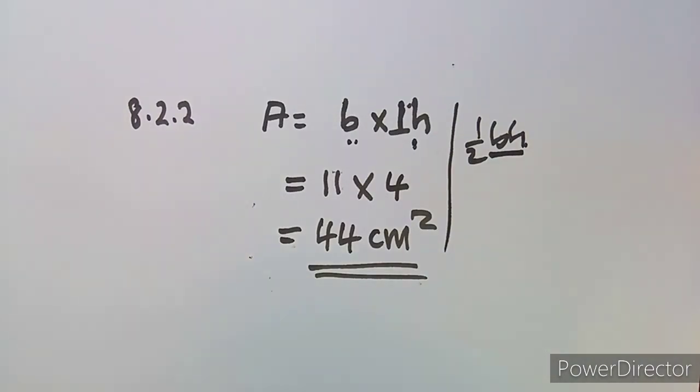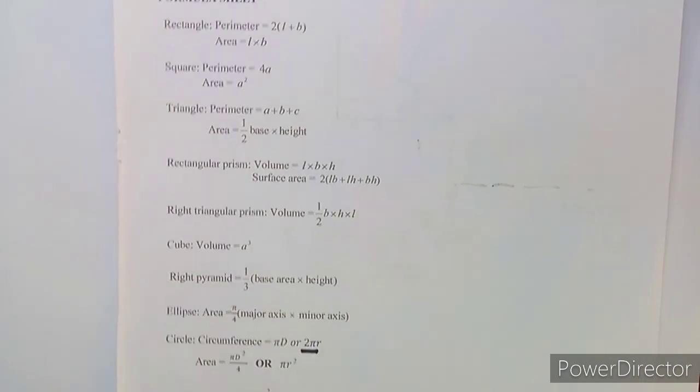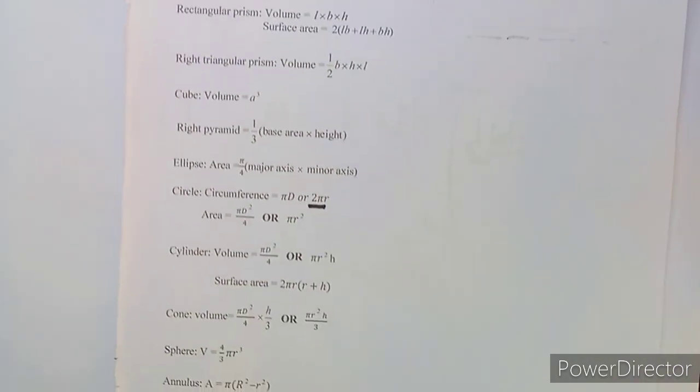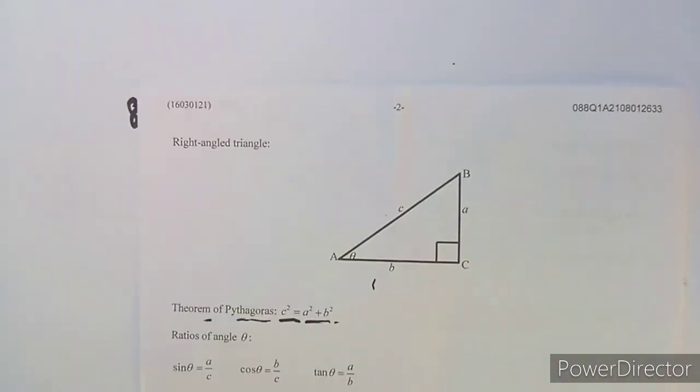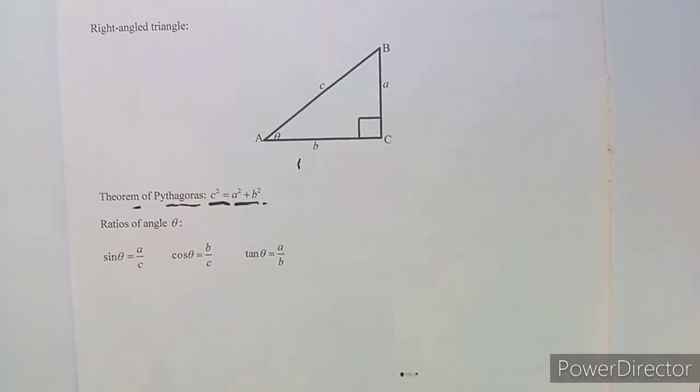You must also know how to apply the formula sheet whenever there is a need, and also how to use this right angled triangle. It's very, very important. And last, how you attempt each and every question that is given is very, very important.